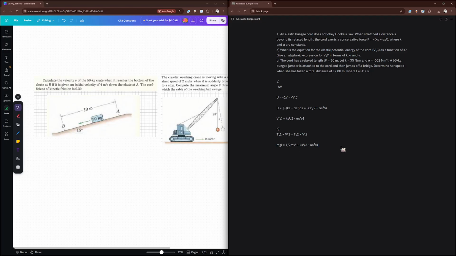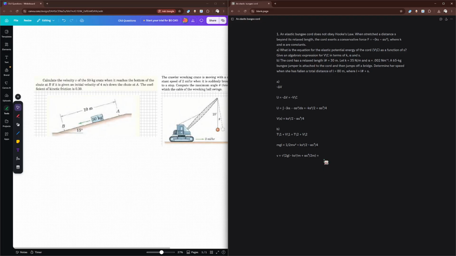We want v. So we do the rearrangement to get v is equal to the square root of 2gL minus ks squared over m, and when you divide by a half here, the half cancels, plus alpha s to the 4 over 2m.